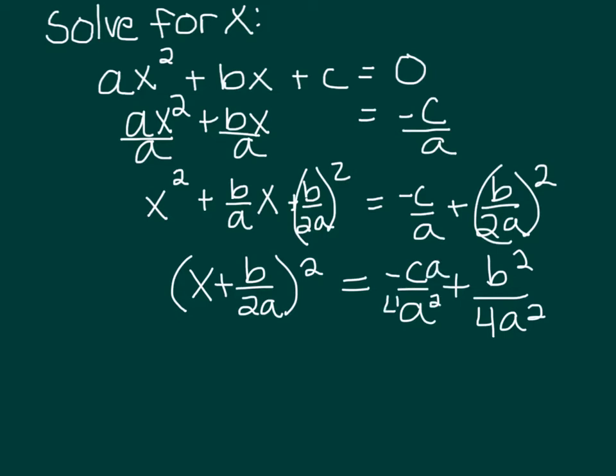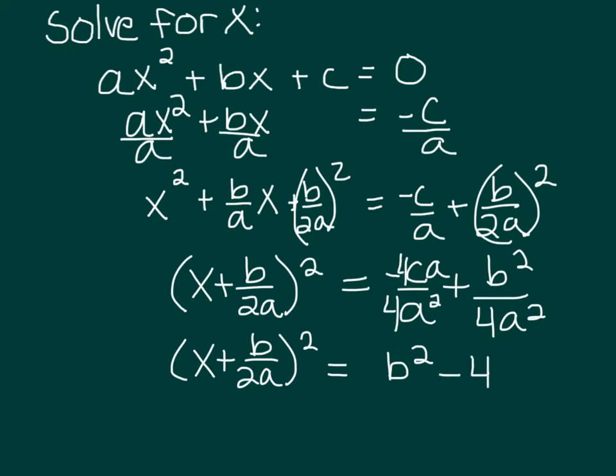And if I want a 4 down here, I need a 4 up here. So now I've got x plus b over 2a all squared equals, and then we have minus 4ca plus b squared. But I think I want to put the b squared part first, and then I'm going to say minus 4ac. And then I'm going to put it all over 4a squared.